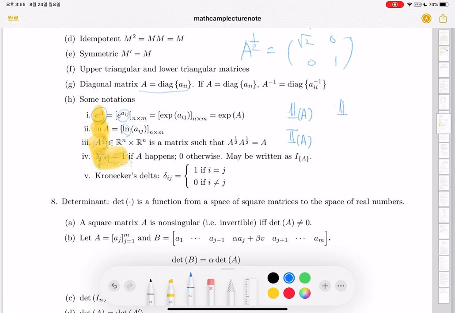So 1 may be used to denote an indicator function, or it may be used to denote a vector of 1s. I'm going to try to be consistent, but I may lose track of my notation sometimes.